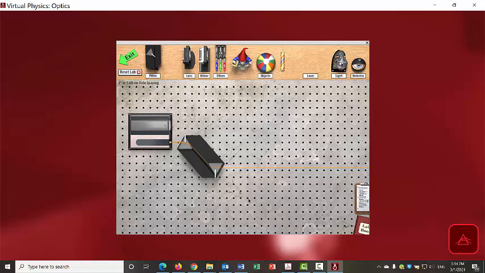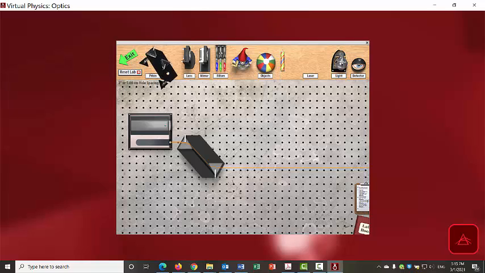Now we can do the next part of the experiment and answer questions 4 to 5.